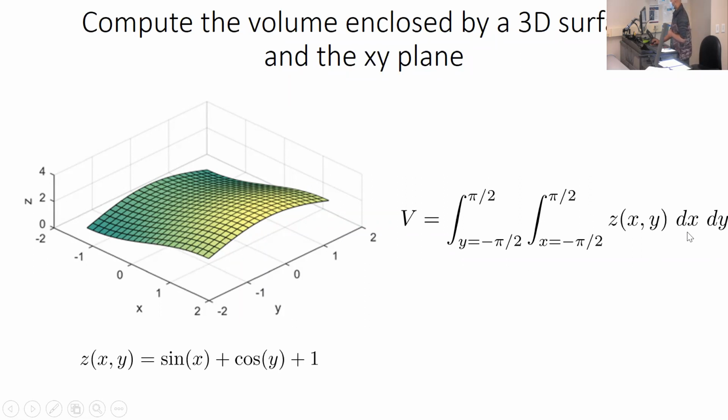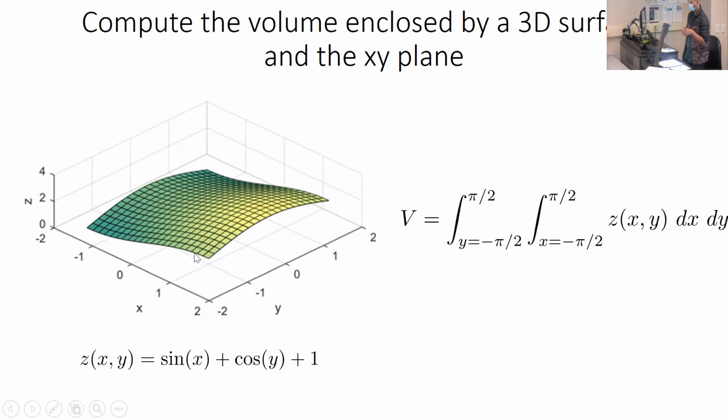All right, now think about this. dx, dy represents the area of this square, yes? Yeah, it does. So dx, dy would be the area, the cross-sectional area of this square. What is the volume under this square? If I give you the cross-sectional area, how do you compute the volume?